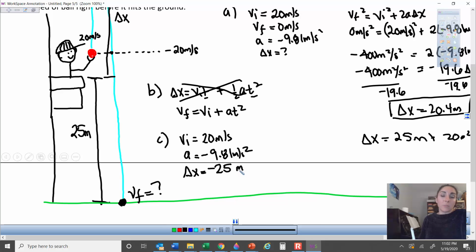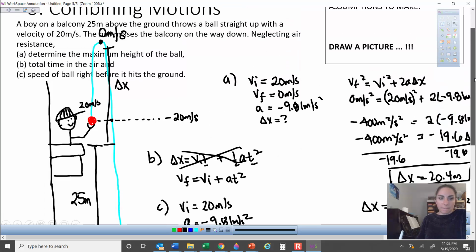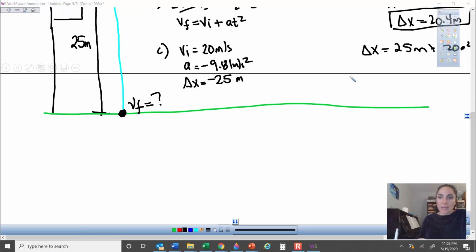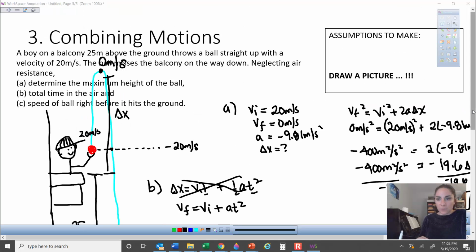Let me explain why. It's not 40. That's a distance. We're looking at displacement. The object started here and, regardless of what it did, it ended on the ground.